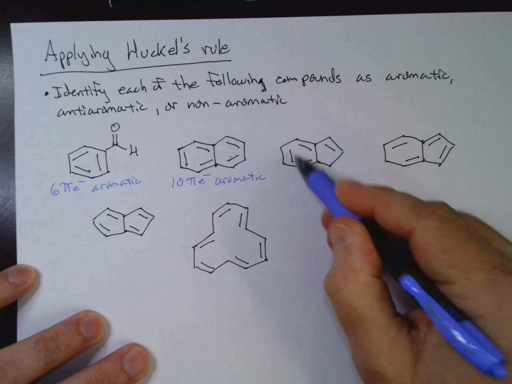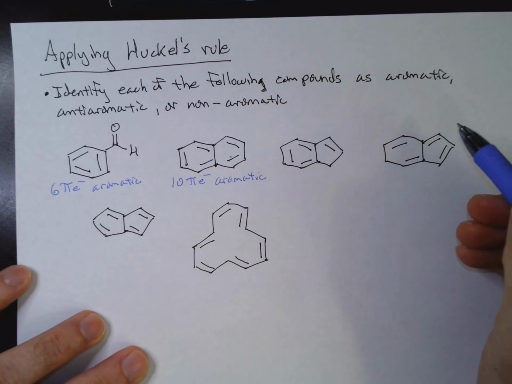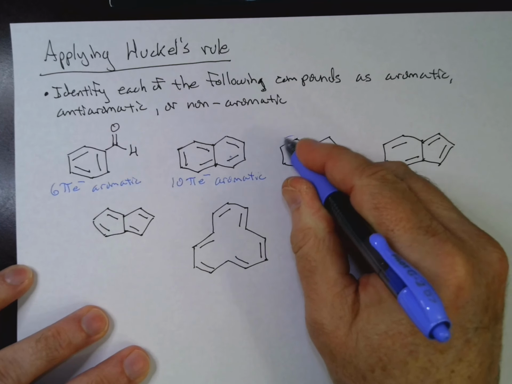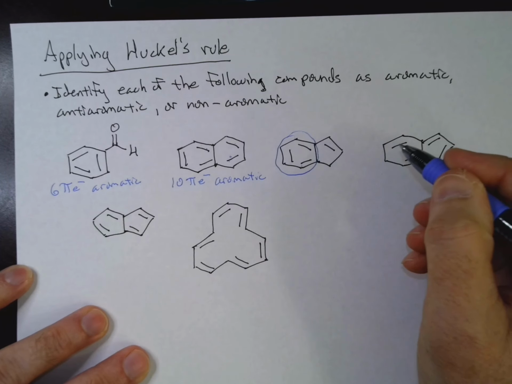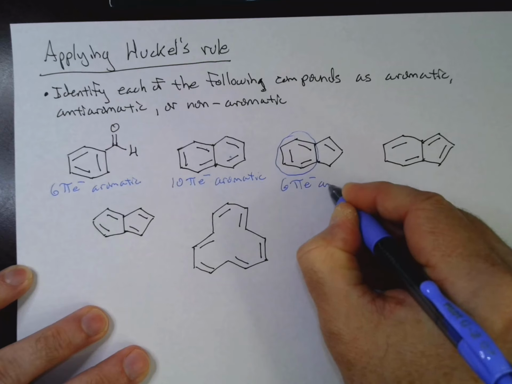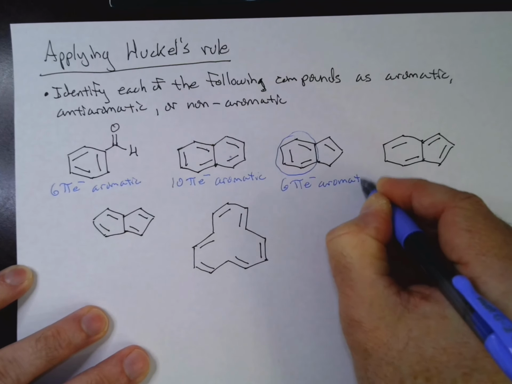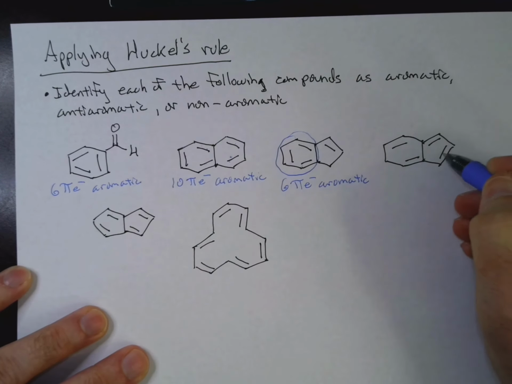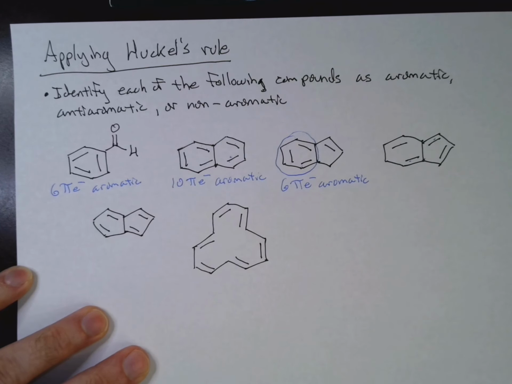How about this? 2, 4, 6, 8 pi electrons. Well, these ones don't count. We're just interested in the ones that are in a ring. So that's 6 pi electrons, and this is aromatic. How about this? We've got 2, 4, 6, 8 pi electrons.